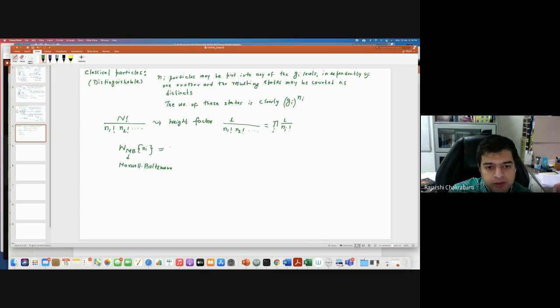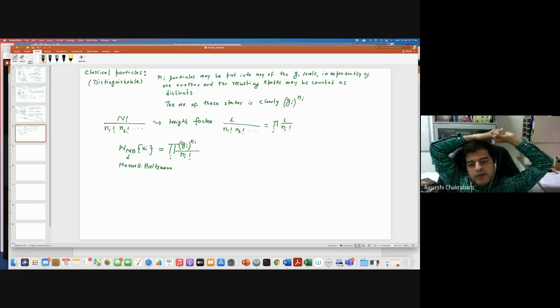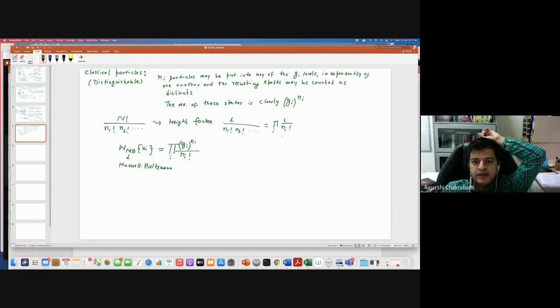This is going to be a product of these. There are gi to the power ni states, but each state would have a weight factor of 1 by ni factorial, and then you have independent states, so you have to take a product of that. This is how it is for the classical particle.